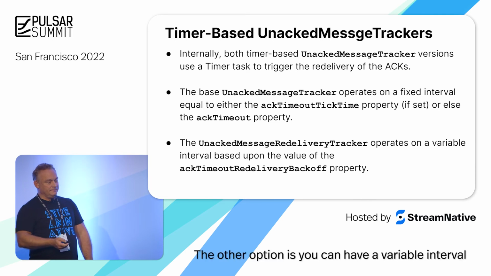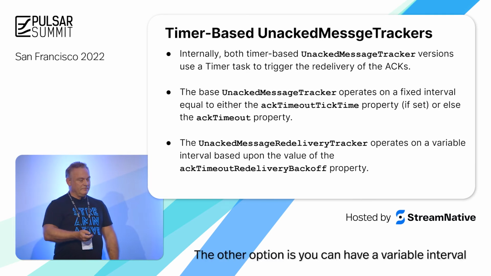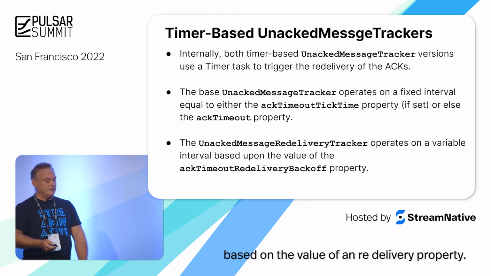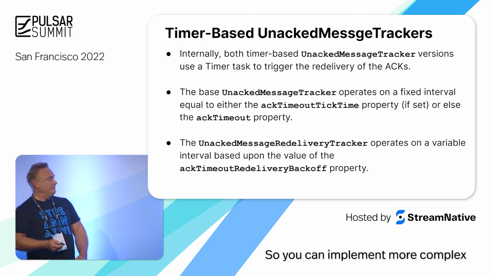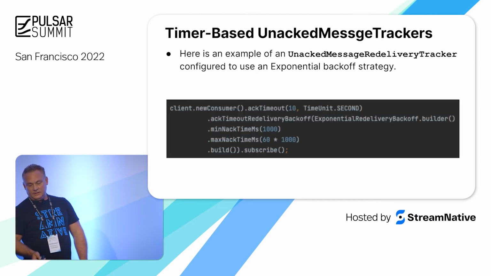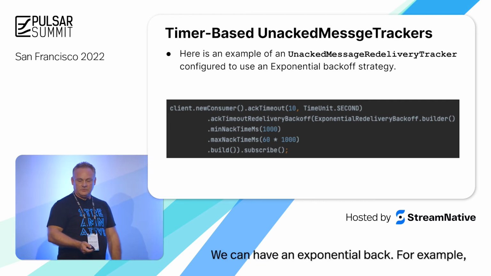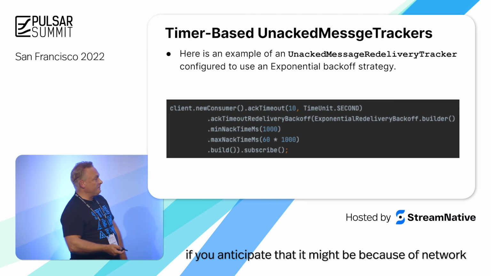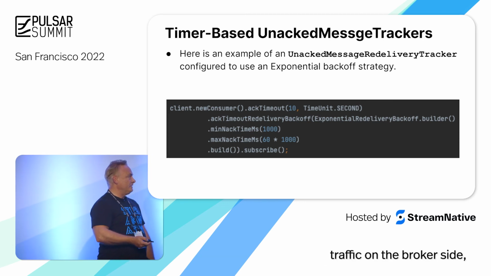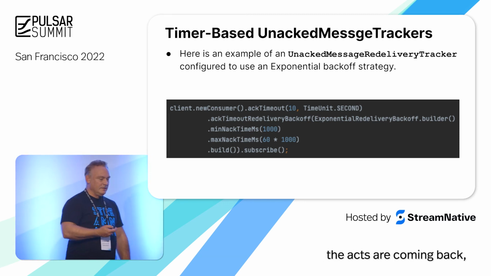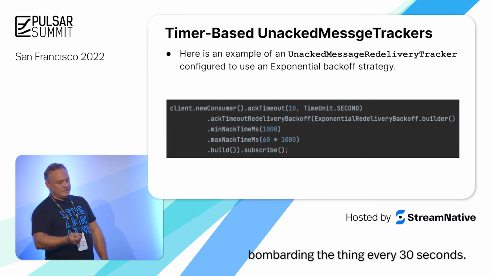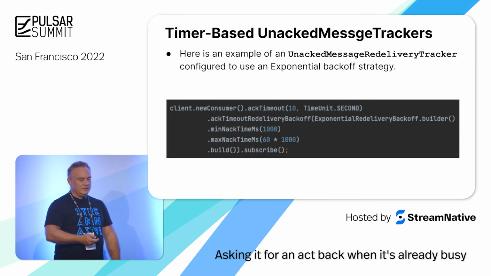The other option is you can have a variable interval based on the value of an Ack redelivery property, so you can implement more complex back-off policies like this one shown here. We can have an exponential back-off, for example. If you anticipate that it might be because of network traffic on the broker side, the Acks aren't coming back, bombarding the thing every 30 seconds asking it for an Ack back when it's already busy isn't a good idea.